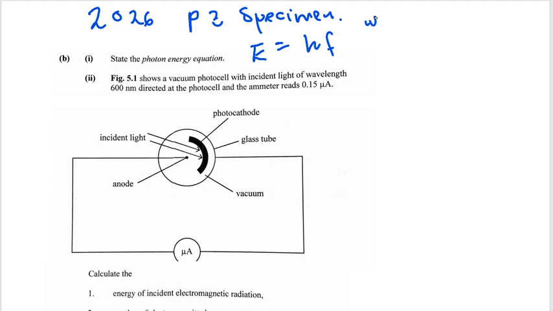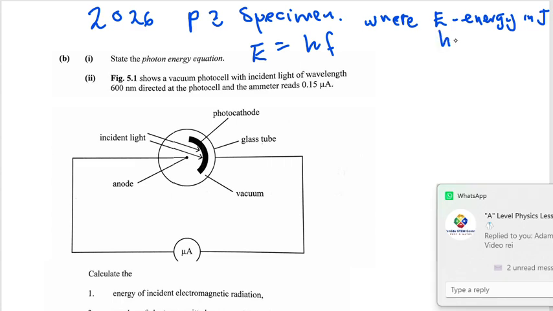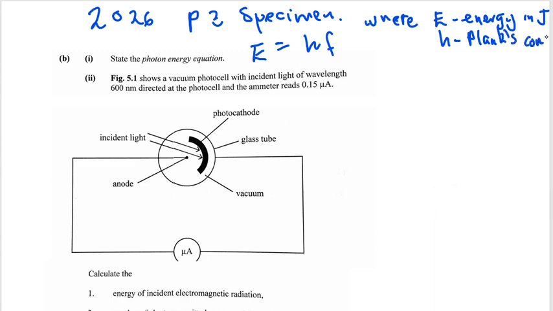So we are going to say where E is the energy in joules, h is called the Planck's constant, and f is the frequency.